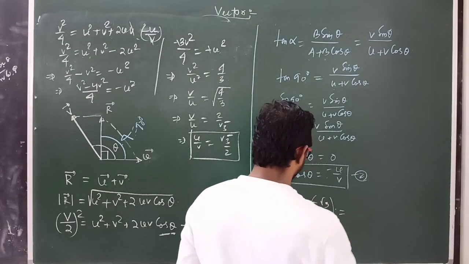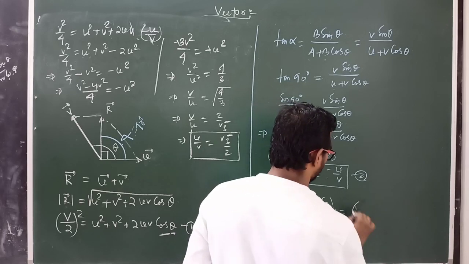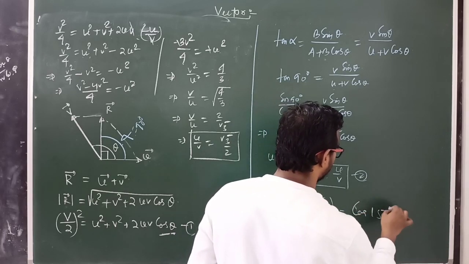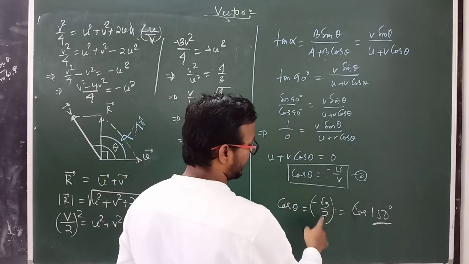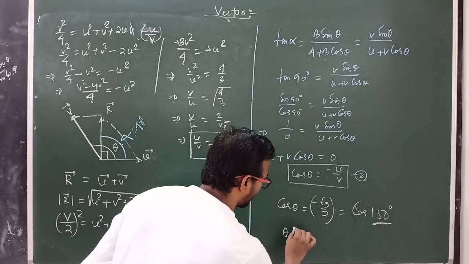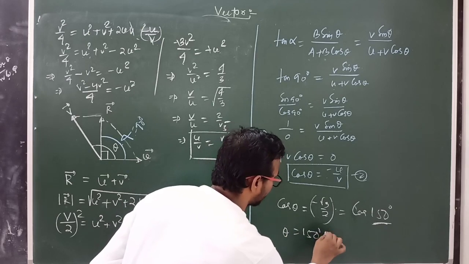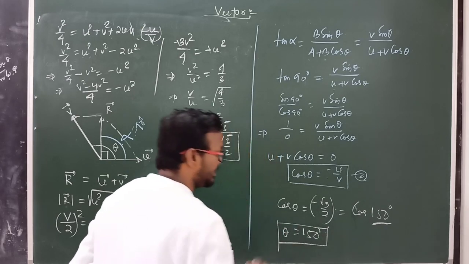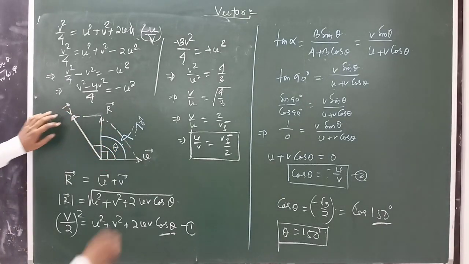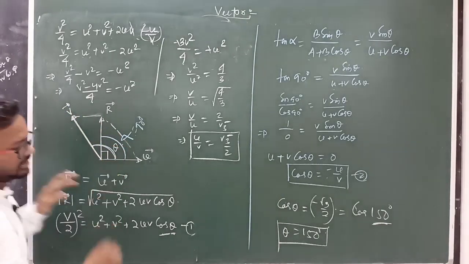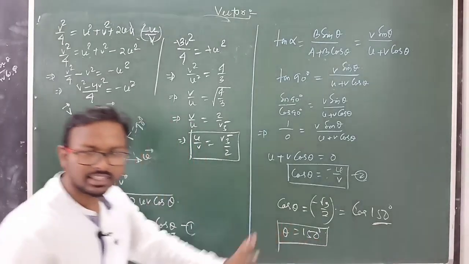So you can write this term as cos 150 degrees, and then theta equals 150 degrees. Clear? So the angle between the two vectors u and v is 150 degrees. Clear?